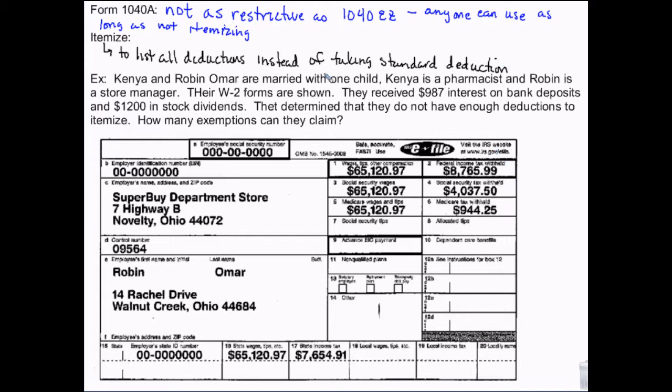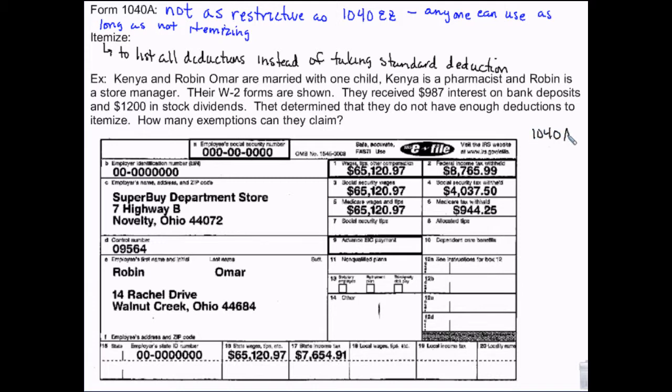Okay, so if you have a child, you can't use the 1040EZ. You have to either use the 1040A or the 1040. You only use the 1040 if you've got other forms that need to be attached. With the 1040A, I'm going to write that over here.